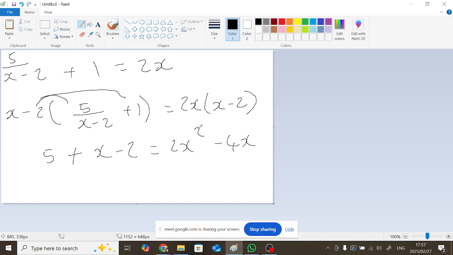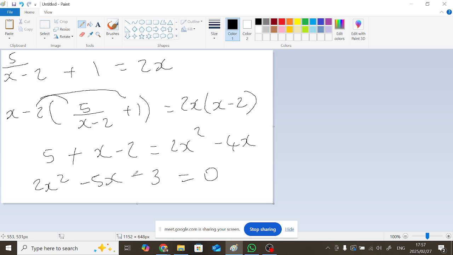So simplifying everything, we'll have 2x squared minus 5x minus 3 equal to 0. We simplified all of this.